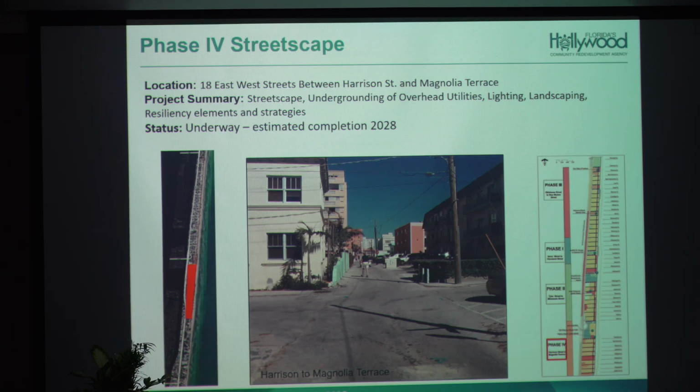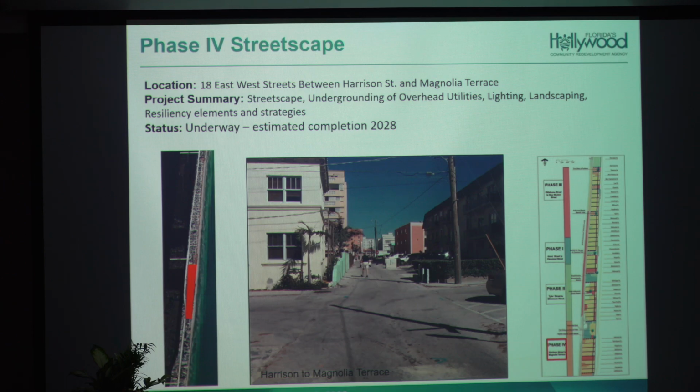So when we talk about the streetscape, we're really looking at the street itself, the undergrounding of the overhead utilities, the lighting, the landscaping, and resiliency elements and strategies. So that's stormwater and flood mitigation, and also raising of the road and what we call harmonization to each property, which you on the beach know what we're talking about.